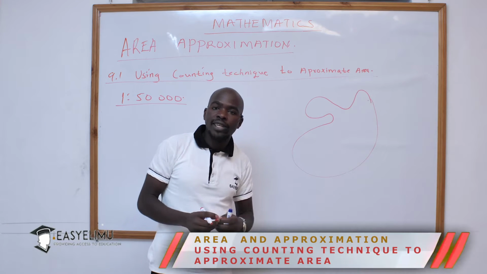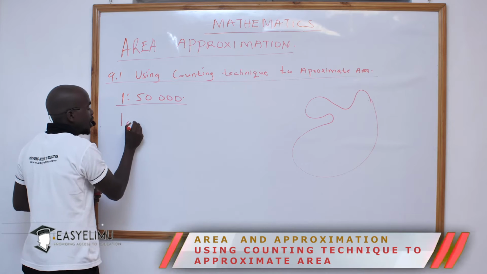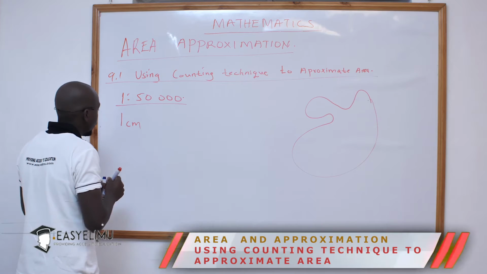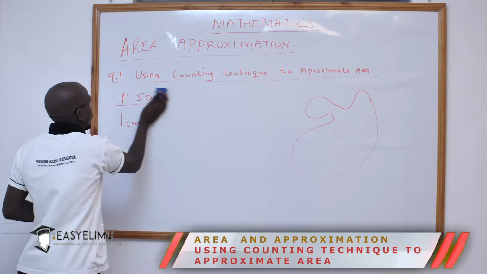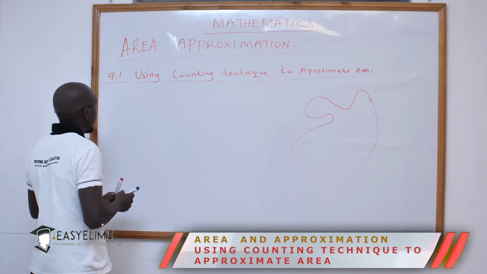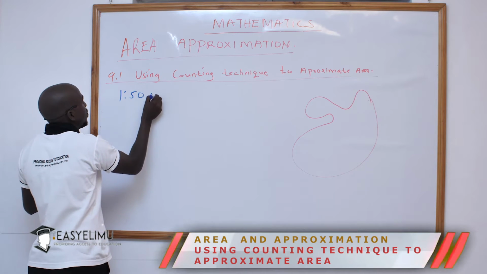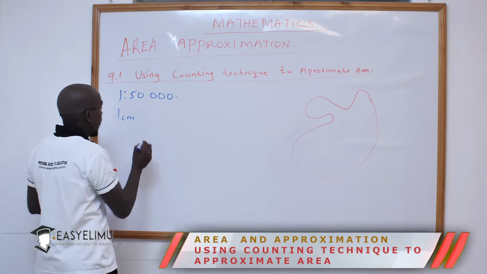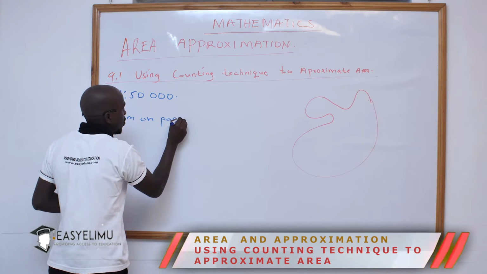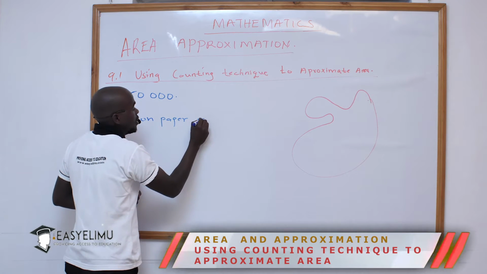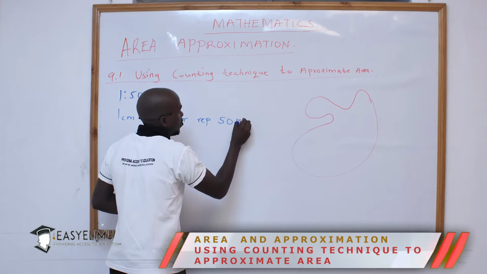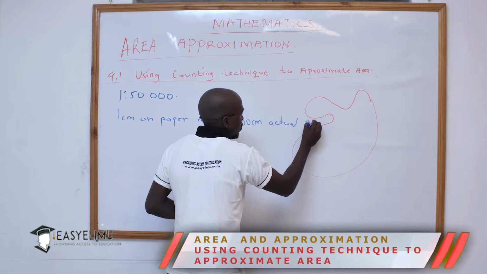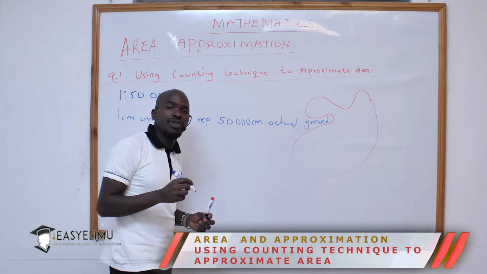This normally means that a scale of 1 to 50,000 has 1 centimeter on the paper representing 50,000 centimeters on the actual ground, and actual ground is the earth's surface.